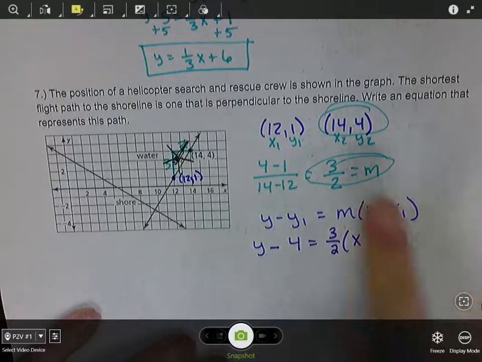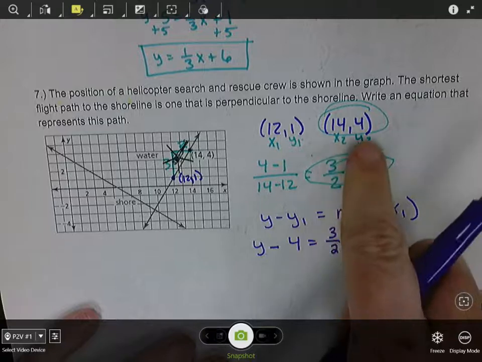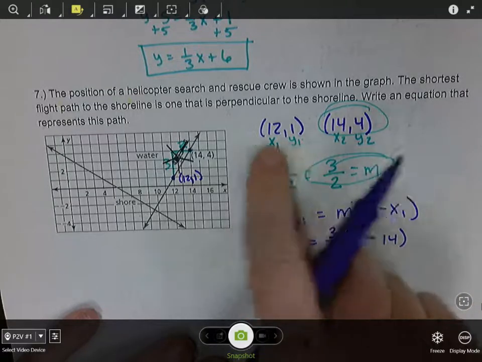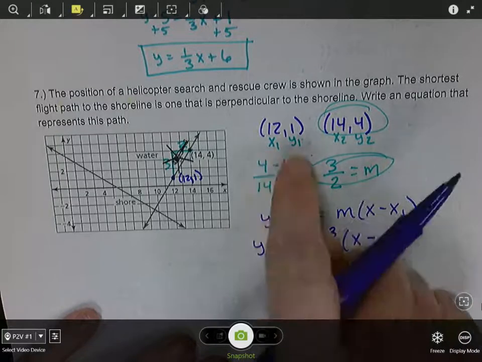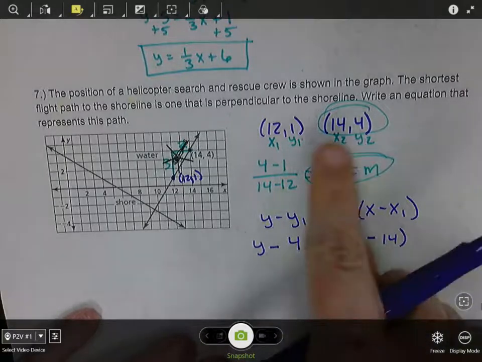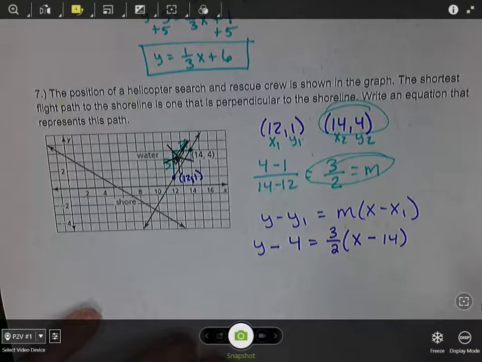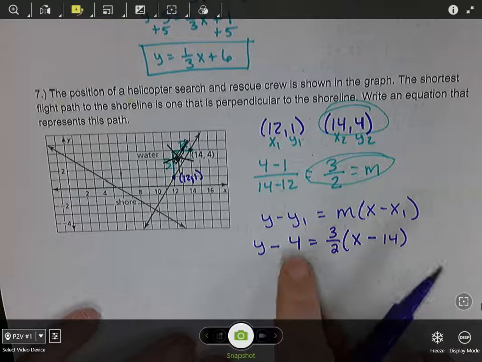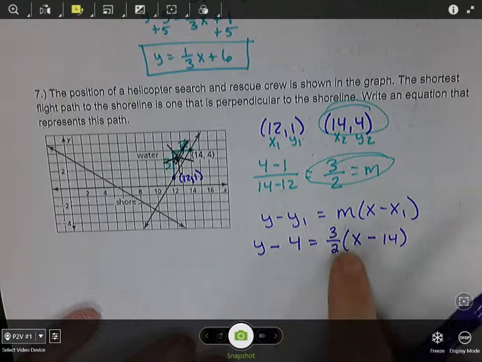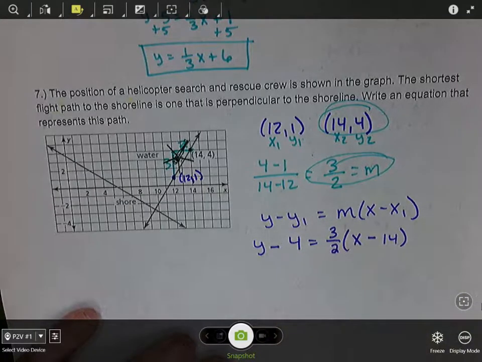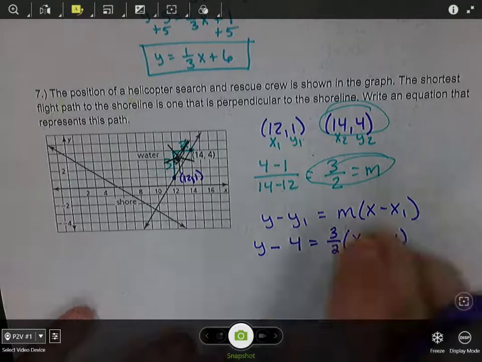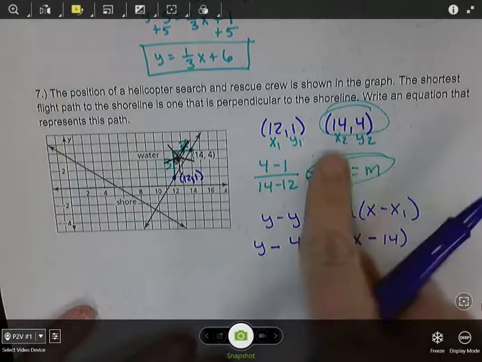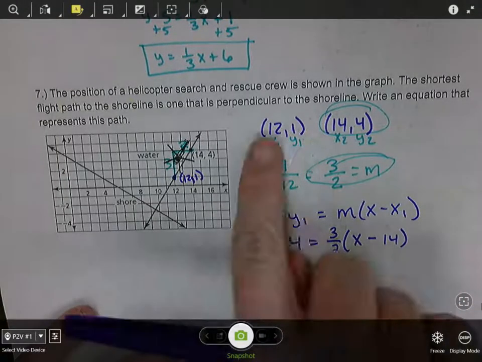Now, if it confused you with me having these labels x2, y2, you could have substituted in 12 and 1 as your x1 and y1 here. Either one you do, you're going to come out with the same answer. So you could have done y minus 1 equals 3 over 2 times x minus 12. That's okay also. So if you wrote that down, or if this one here confused you because of those being labeled as 2, I would go with this one.